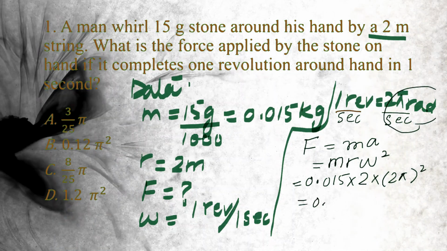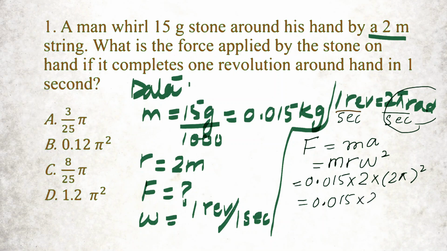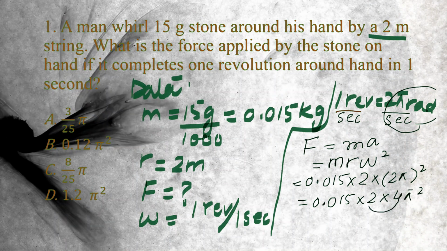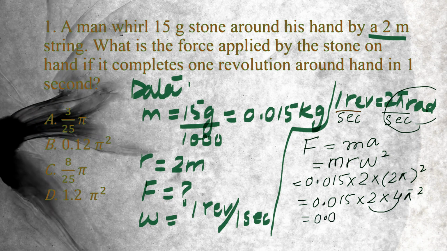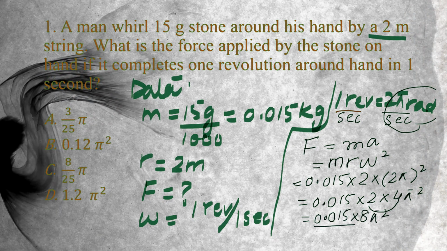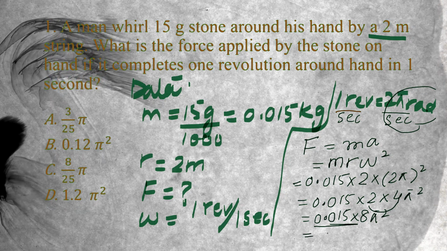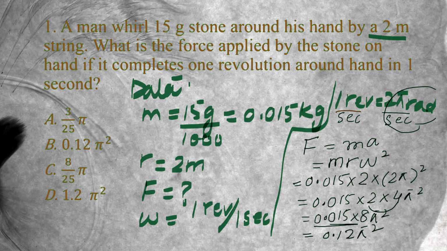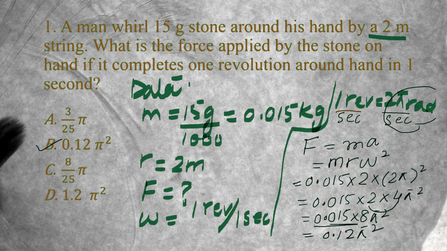So when I solve it, 0.015 into 2 into 4 pi square, and 2 into 4 is 8. So basically you have to multiply 0.015 into 8 pi square. When you multiply it, it will be equivalent to 0.12 pi square. So the correct option is B.